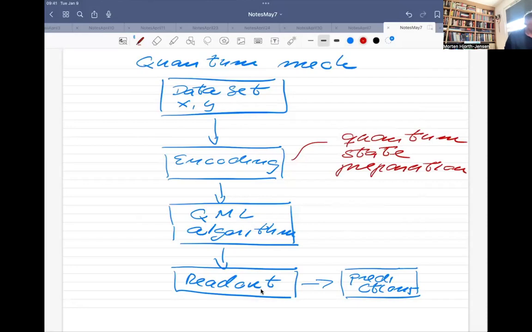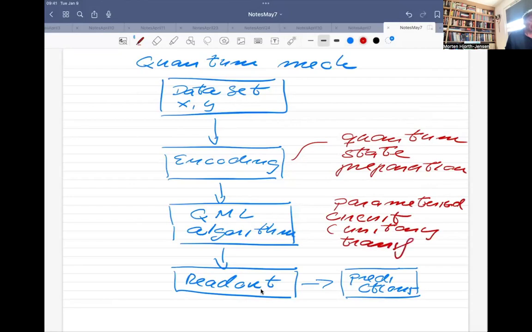Then when we have the quantum algorithm, here we would typically have some parameterized quantum circuit. This typically involves unitary transformations, a series of unitary transforms. Then finally, the readout part here is actually a measurement.